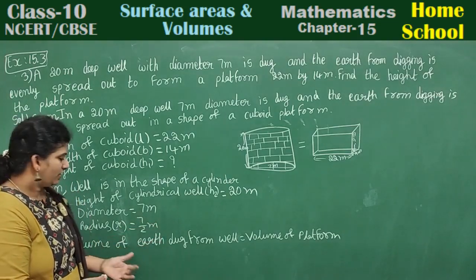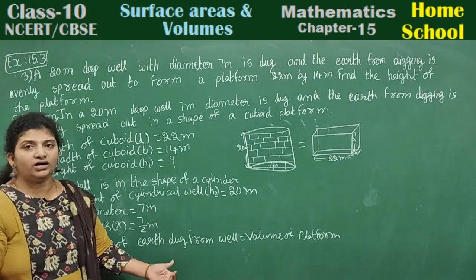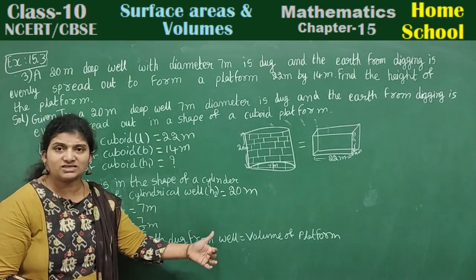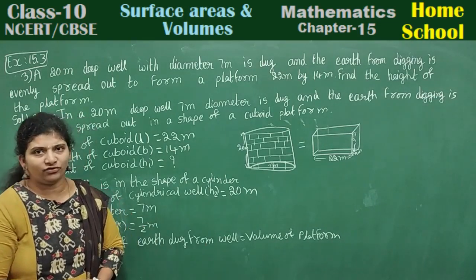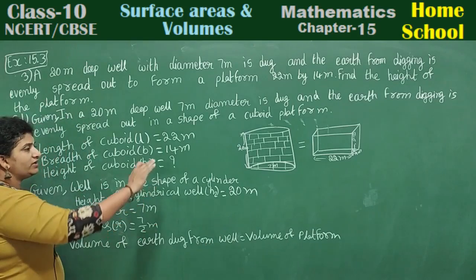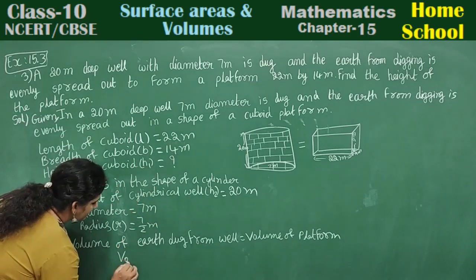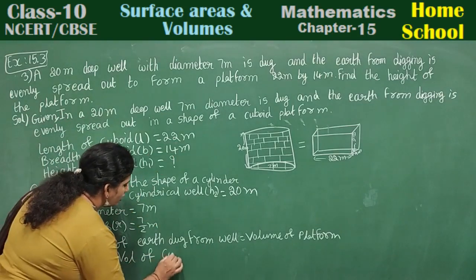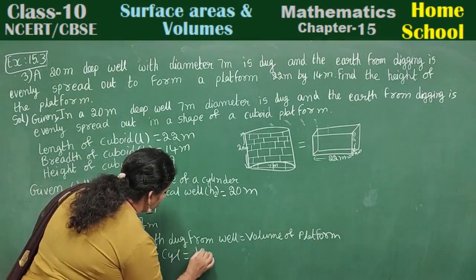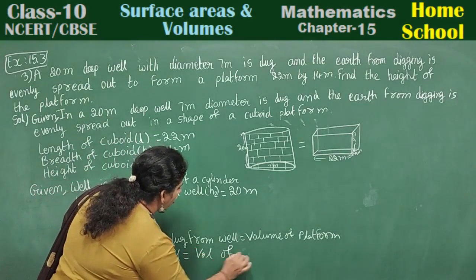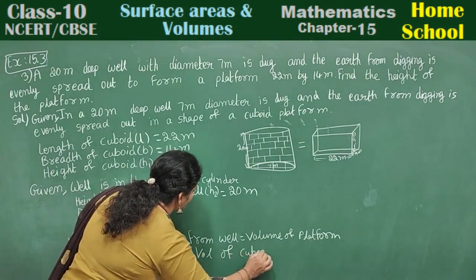Volume of earth dug from the well is equal to volume of platform. Volume of earth dug from the well, which shape is it? Cylinder. That is, volume of cylinder is equal to volume of cuboid.